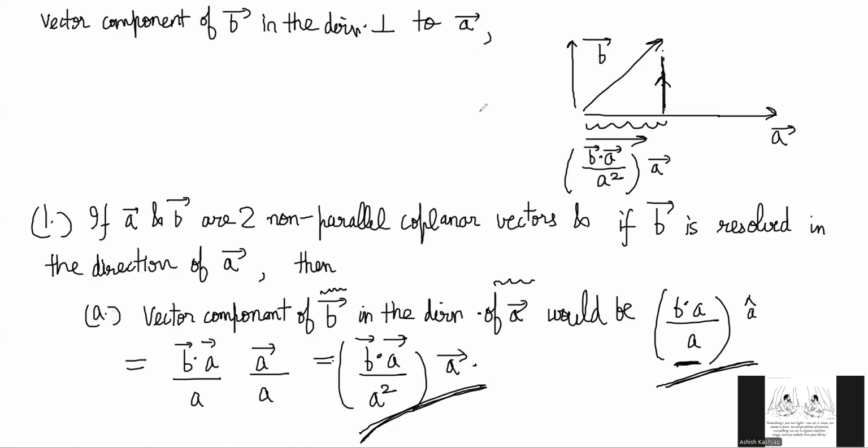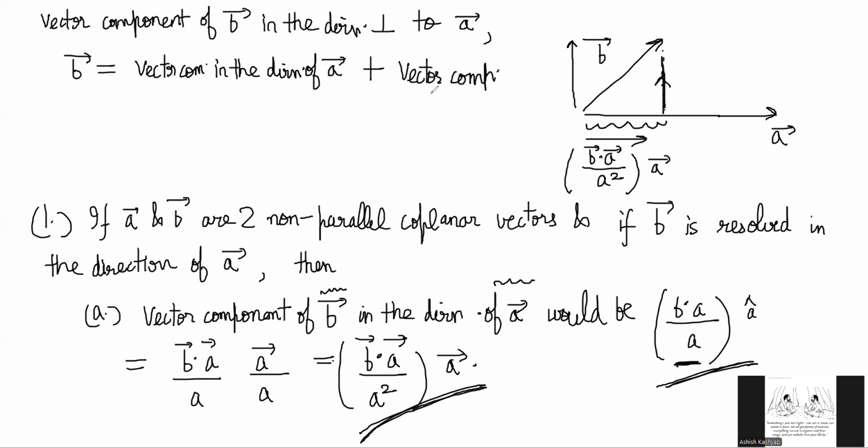Now, obviously, B vector will be the sum of the vector component in the direction of A plus vector component perpendicular to A vector, right? So B vector is clearly the sum of this vector and this vector, right?